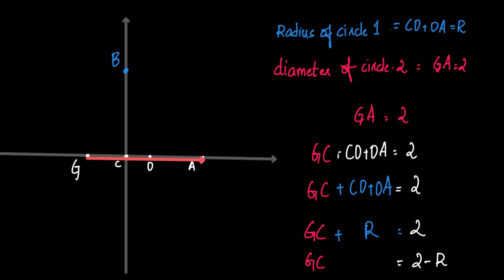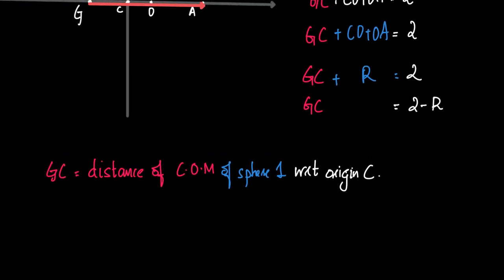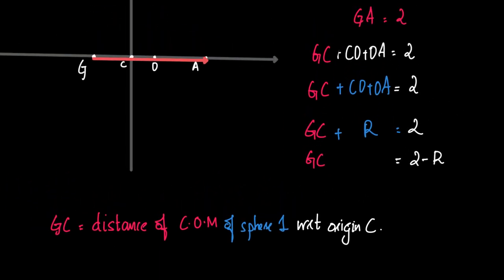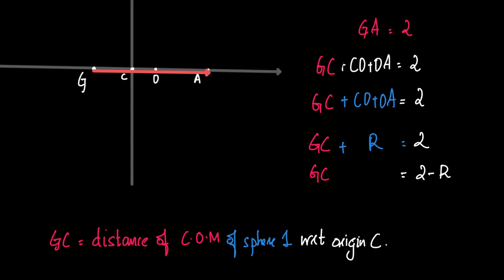Okay. Now you might also be wondering, why is this distance GC equal to 2 minus R relevant? Because GC is the distance of the center of mass of sphere 1 with respect to origin C. I'm sorry, this is not the center of mass of sphere 1.